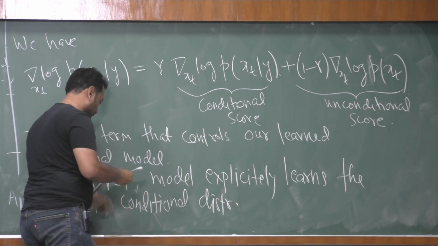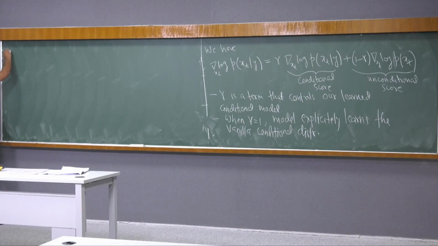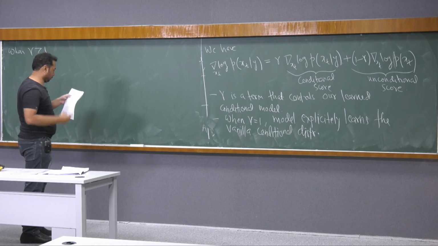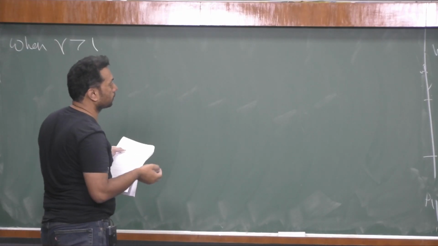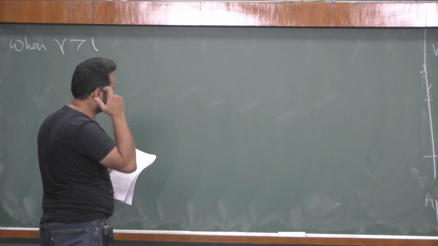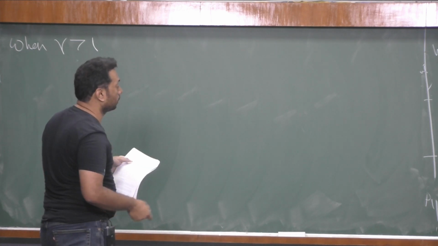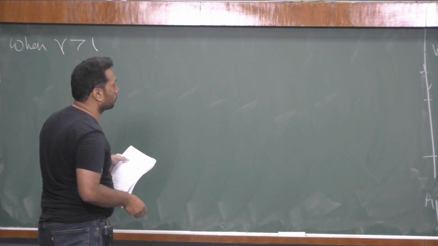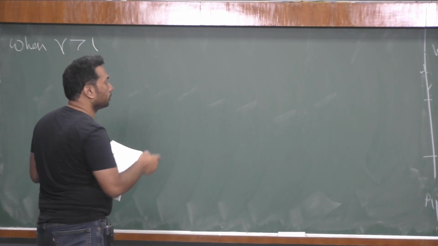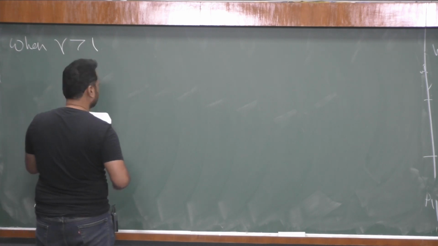And when gamma is greater than 1, it will prioritize the conditional. Basically gamma greater than 1 means it is going away from the log p(xt) term, so it's more and more into the conditional.